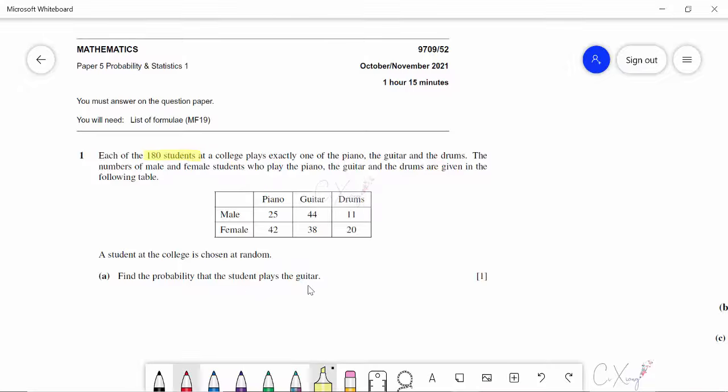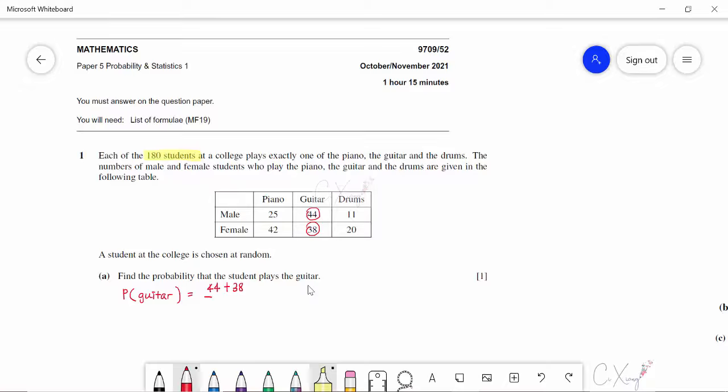To get the probability of students who play a guitar, you are not going to consider whether the student is male or female. You just want to focus on the probability that the student plays a guitar. So you need to add the number of students who play the guitar together, which will become 44 plus 38, divided by the grand total.